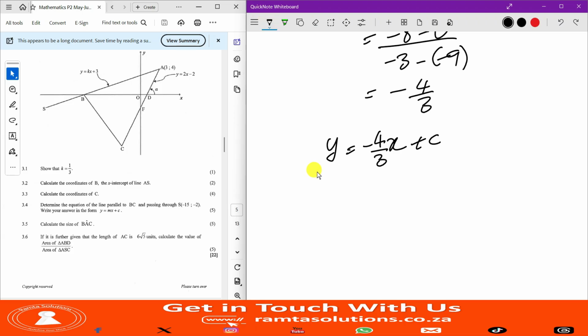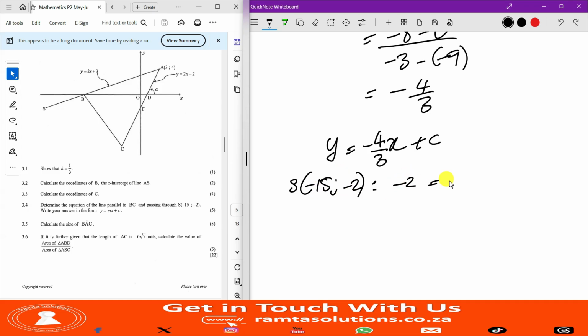The point that this graph passes through is point S, with coordinates minus 15 and minus 2. Where there's x, you put minus 15. Where there's y, you put minus 2. So minus 2 equals minus 4 over 3 all multiplied by minus 15, plus c, right?